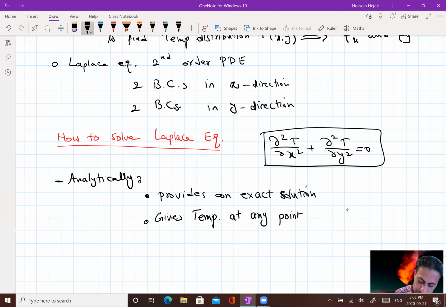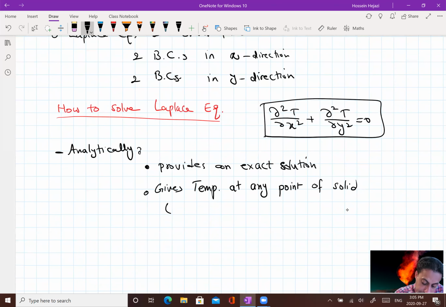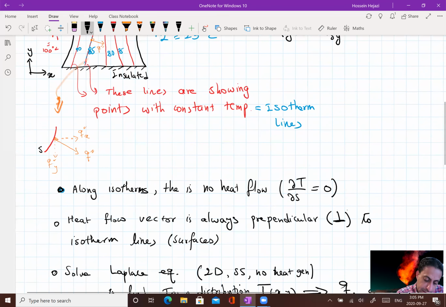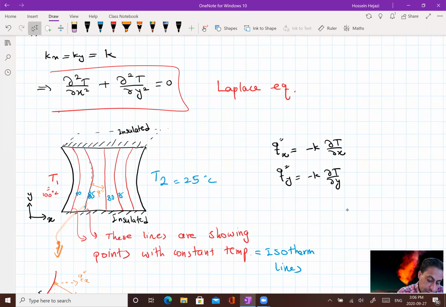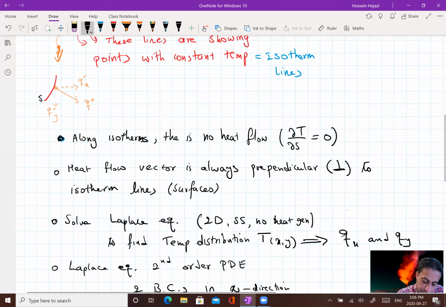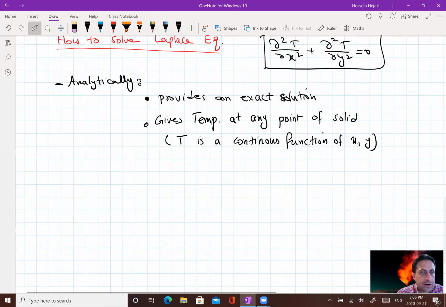So at any point of the solid, in fact, temperature T is a continuous function of x and y. So when we solve, let's say for this domain, if we can solve the Laplace equation with the boundary conditions that we have, what we are going to get is the temperature at any point that you select here. So it's going to be a continuous function of x and y.